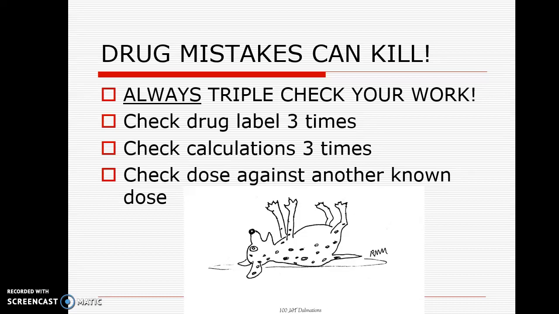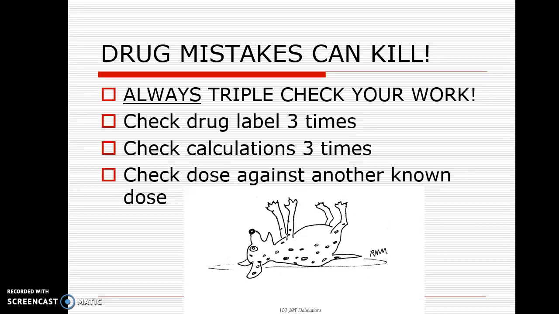You want to check your calculations 3 times. Again, do it twice before you count out tablets or draw up the medication. And then again, before you're going to give that to the animal, you can do an estimation and make sure that you're giving the correct amount to them. That makes sense. And then also, if it's something that's unfamiliar, you can check the dose against another dose for another drug.